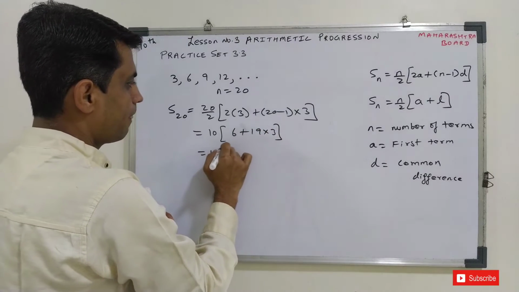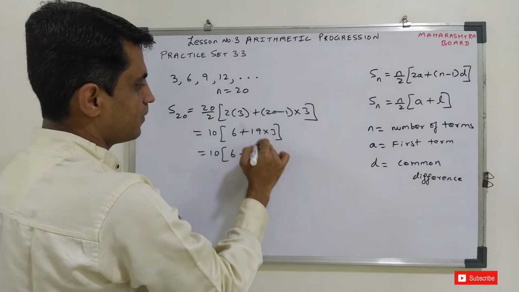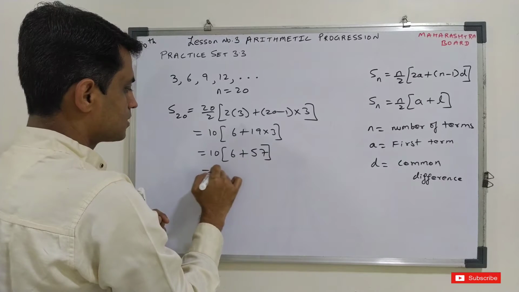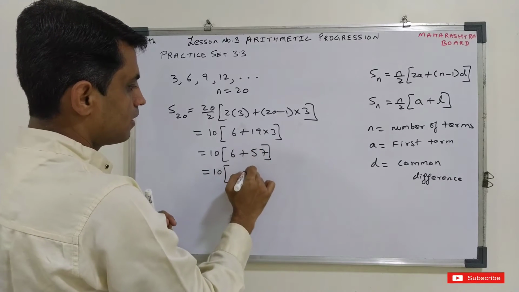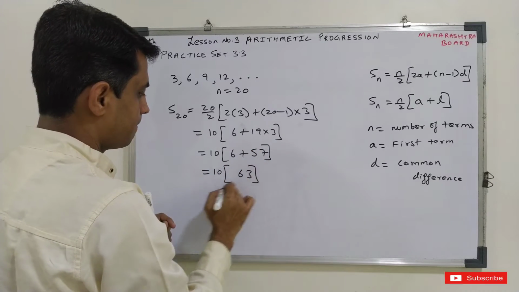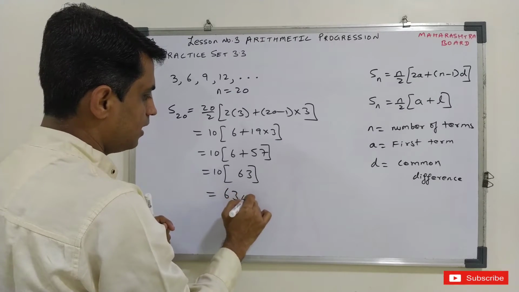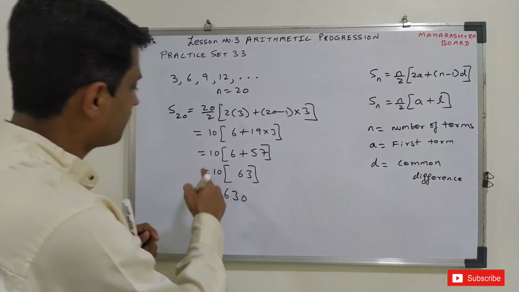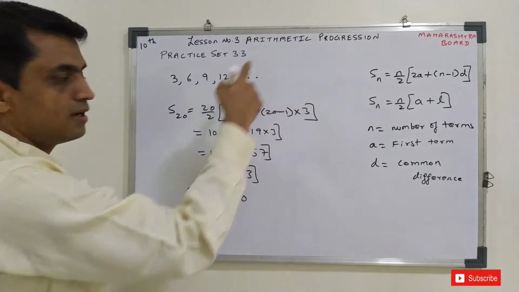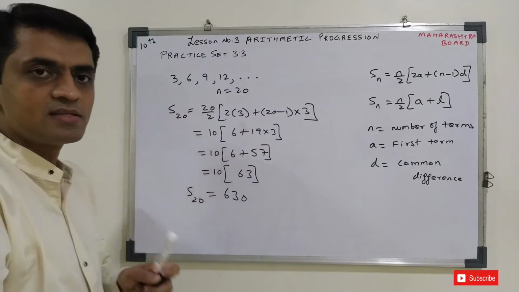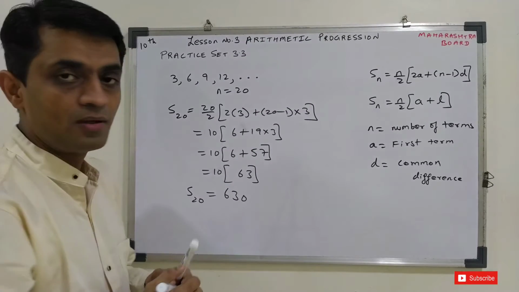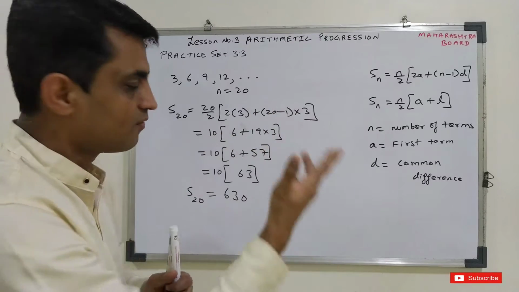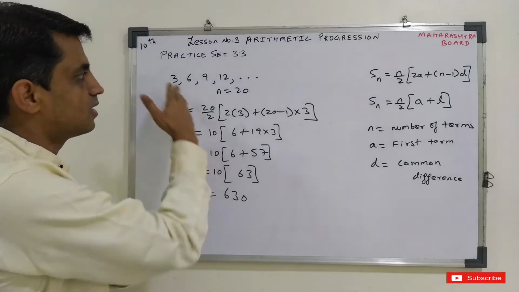Now 9 threes are 27, 3 ones are 3, so 57, and 6 plus 57 is 63. So what is the total? S20 is 630. So the sum of the terms till the 20th term is 630. You don't know the last term, but you know for how many terms you have to find. For 20 terms you have to find, for that reason you got this answer, the sum of all these terms.